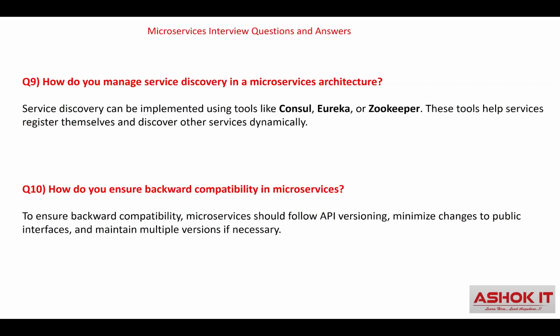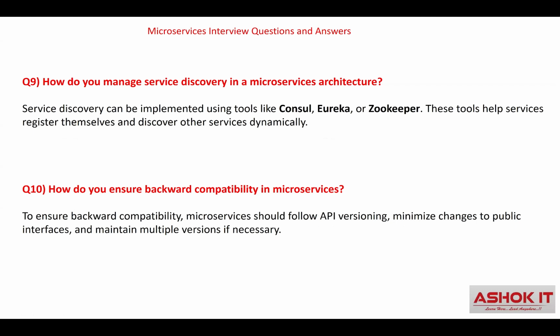After that, how do you manage service discovery? By default, we are not going to call a microservice with the port number, because to achieve loose coupling, we need to call a microservice through a service name rather than the port number. Assume, for example, that I have Paradise Hotel. Now, through Swiggy and Zomato, we can order Paradise Biryani.